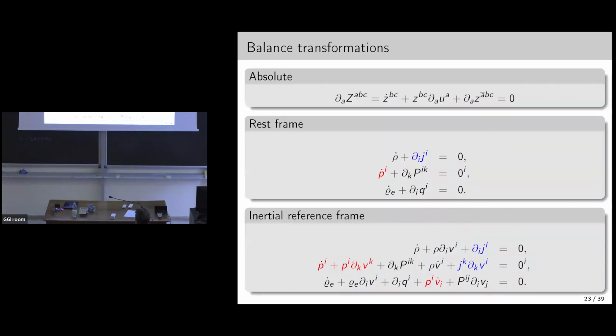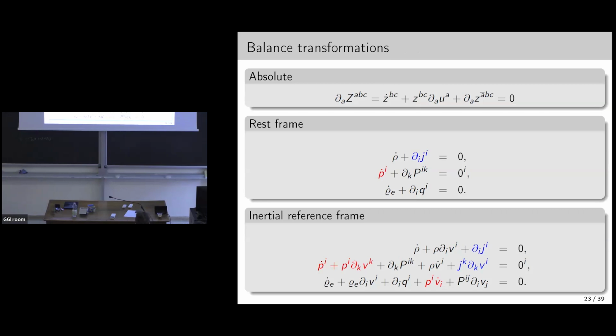But jumping to the balance equations, you see this is the divergence of the third order tensor. Using the previously introduced splitting, time-like part, space-like part, and introducing these notations of energy density and momentum density.